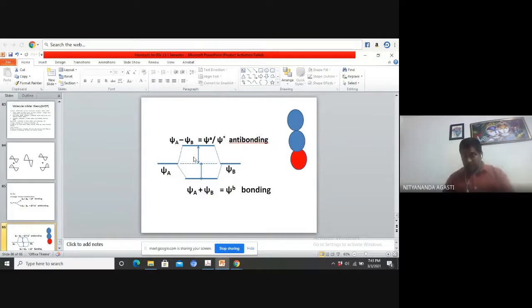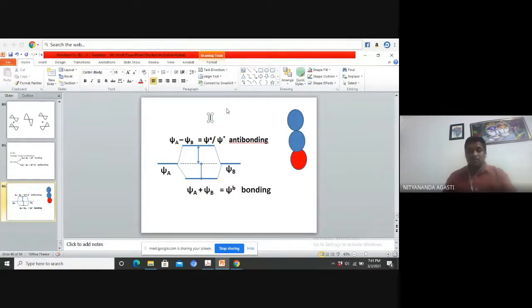Now, taking an example, for a general diagram considering a molecule AB, how to draw a molecular orbital diagram.